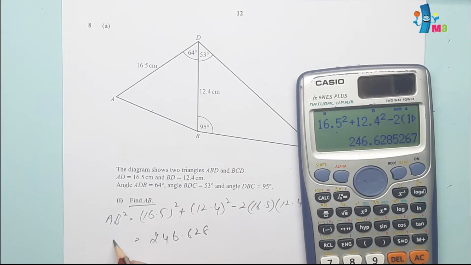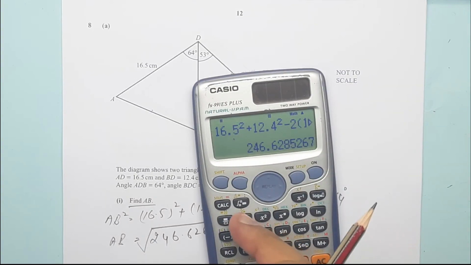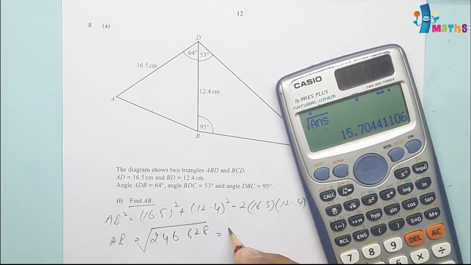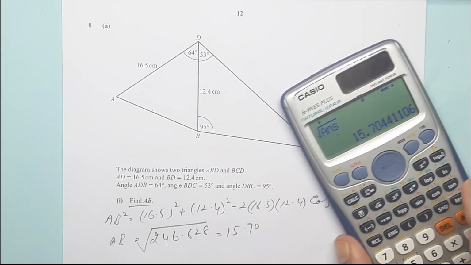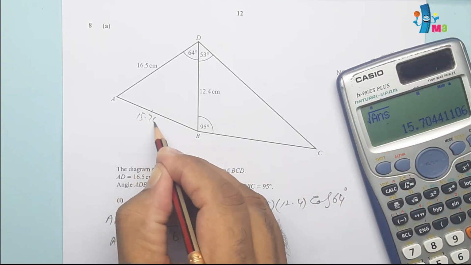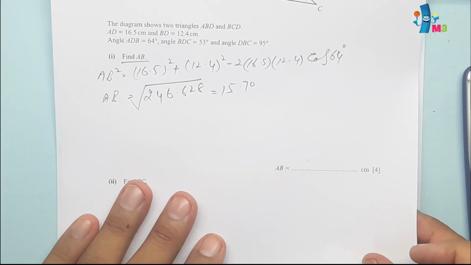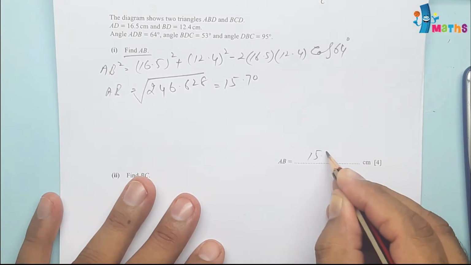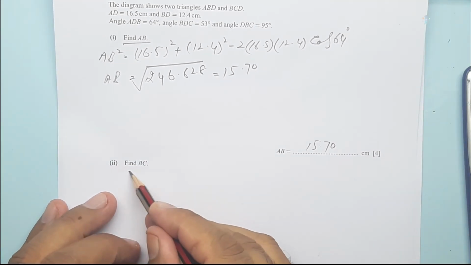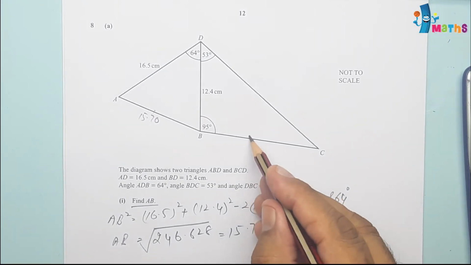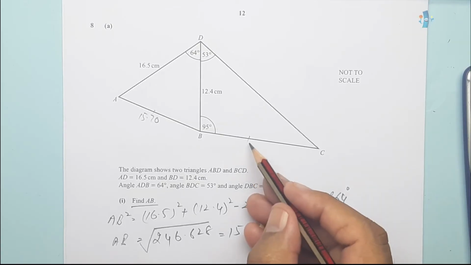I'm writing this one. So AB will be equal to root of this. So we can take under root, answer will be equal to 15.70. So this measurement will be 15.70. So our answer we can write on the proper place which is given.